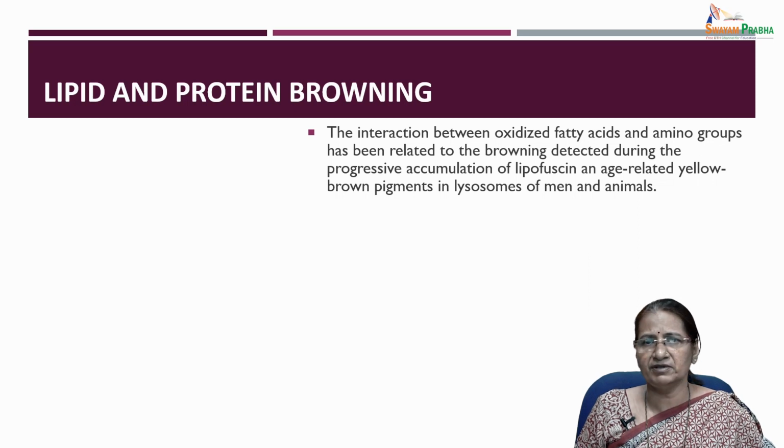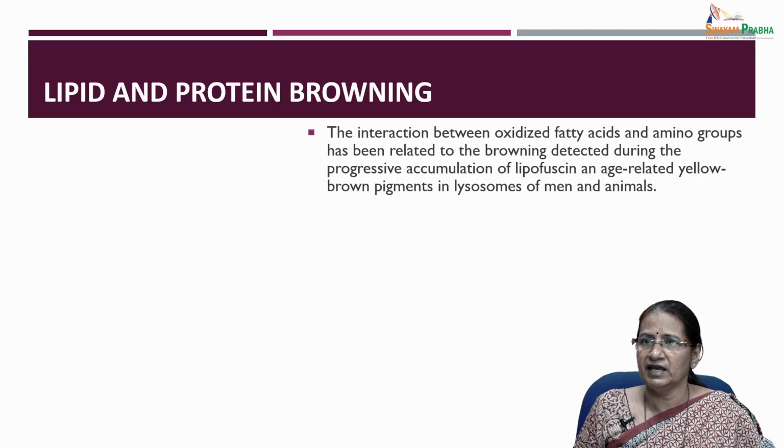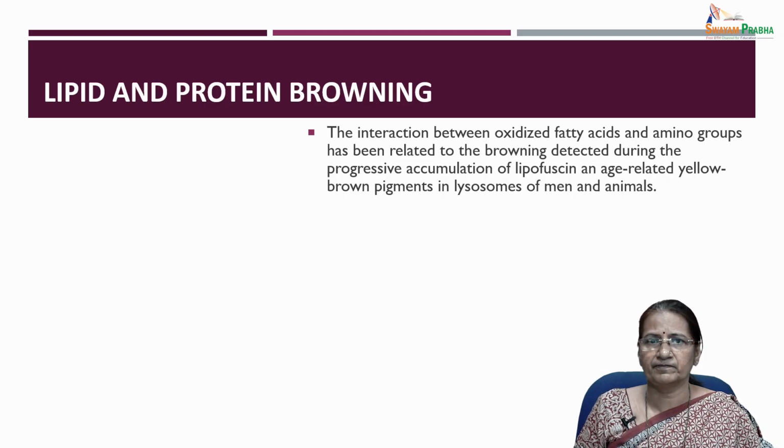The interaction between oxidized fatty acids and amino groups has been related to the browning detected during the progressive accumulation of lipofuscin and age-related yellow-brown pigments in lysosomes of men and animals.